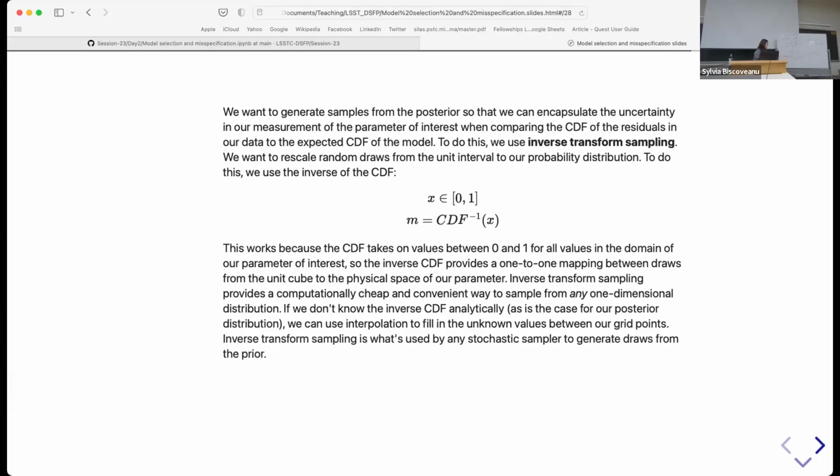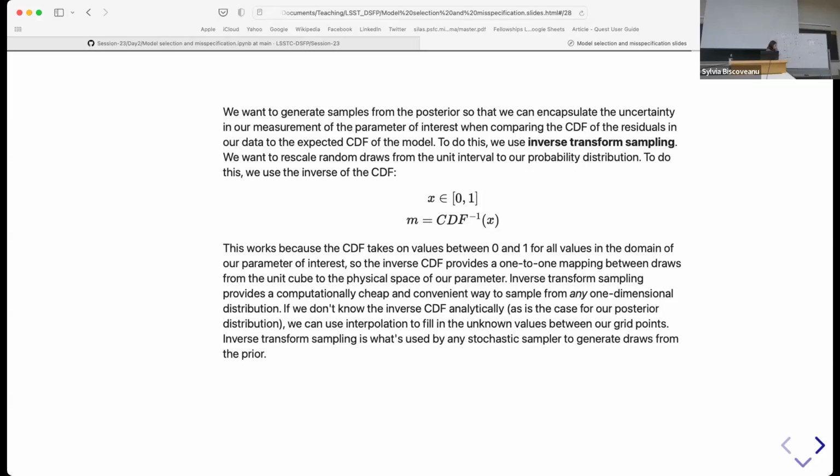Okay, so we were talking yesterday about how CDFs are usually invertible because there's some kind of one-to-one mapping between the value of the CDF and the value of the parameter, where the CDF goes from 0 to 1.